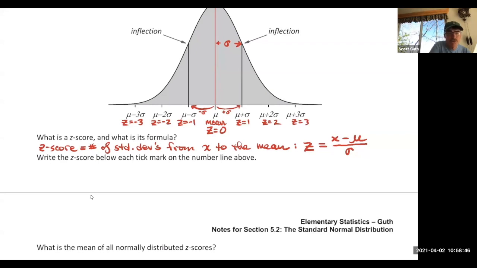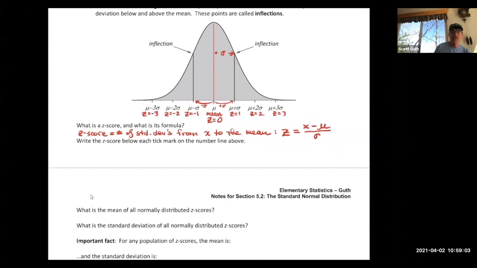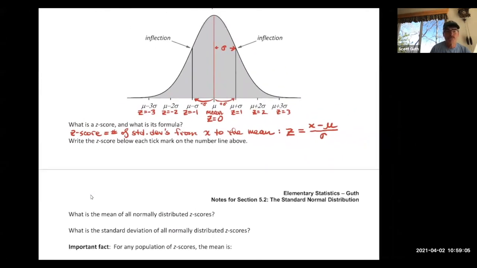And then from the z-scores, all the distributions are centered the same way. They are always centered at 0. The inflection point is always where z is 1 or where z is -1. Therefore, the standard deviation is the distance to the inflection point. You can see from the picture what the standard deviation is. You can also see what the mean is.